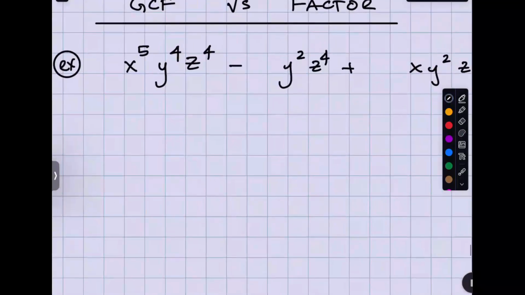So if I was to write these as factor trees, right, what's x to the 5th? Wouldn't it be x times x times x times x times x? Okay, let's write it down. 1, 2, 3, 4, 5. And then y to the 4th, 1, 2, 3, 4.